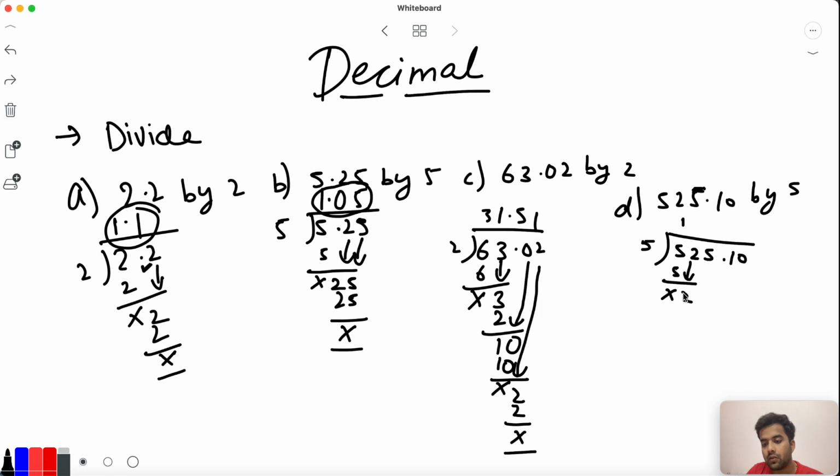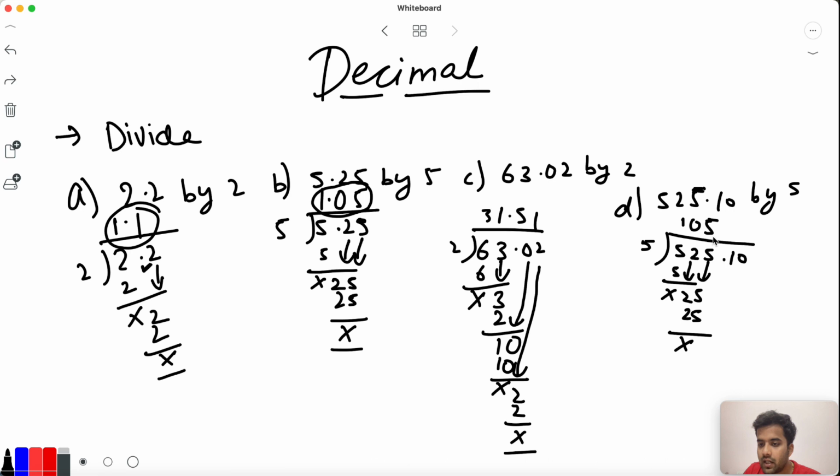Now 2 will come down. We can't divide. We want that 5 also. So add 0, 5 will come down. If you want the second number at the same place, you have to add 0. After adding 0, you can take the second number. So 0 is added. Now 5 fives are 25. So I write 25, all cancel.